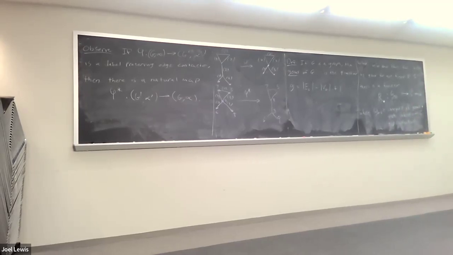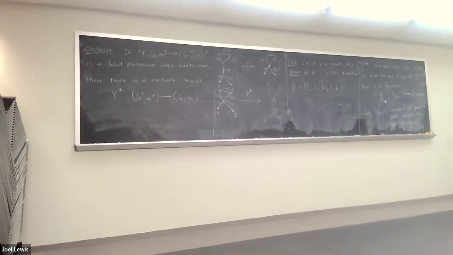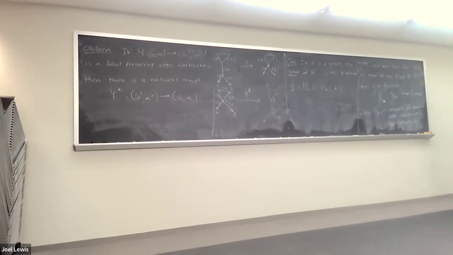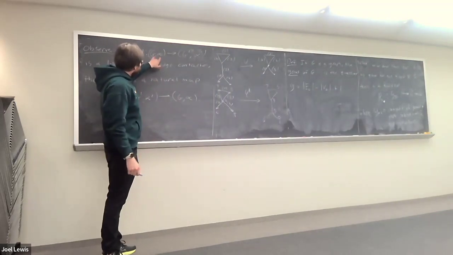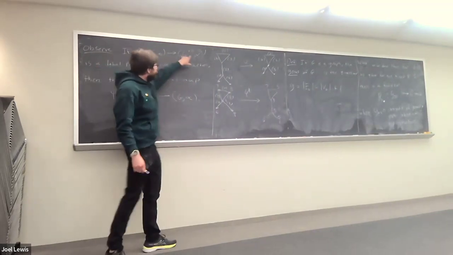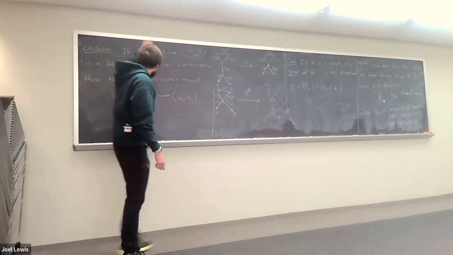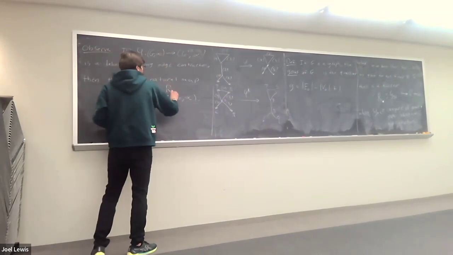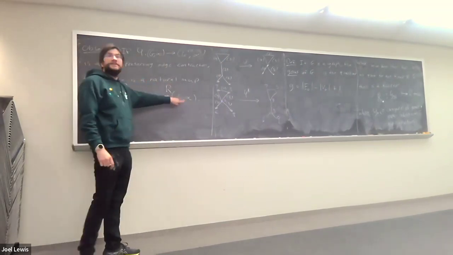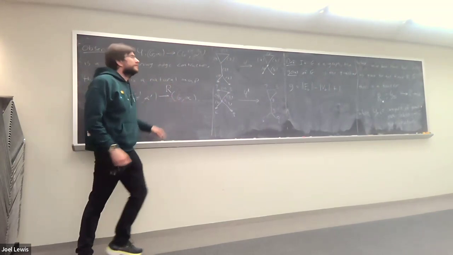Can you remind me, S is just an arbitrary set of ideals? Yes, S is a set of ideals. For now, that's all it is. Contraction, as we wrote over here: if I have a contraction between an S-labeled graph and an S-labeled graph, then I get a map from the ring of splines to the ring of splines.